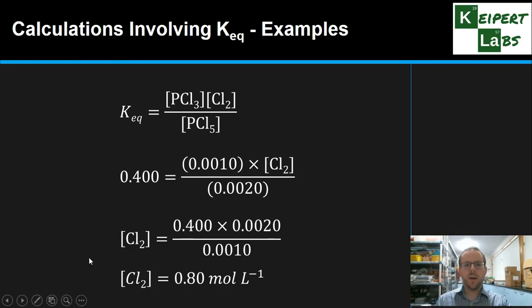We can rearrange our expression so that Cl2 is the subject of our equation. Working with our numbers here, we get 0.80 moles per litre as our concentration of chlorine at equilibrium based on this ratio.